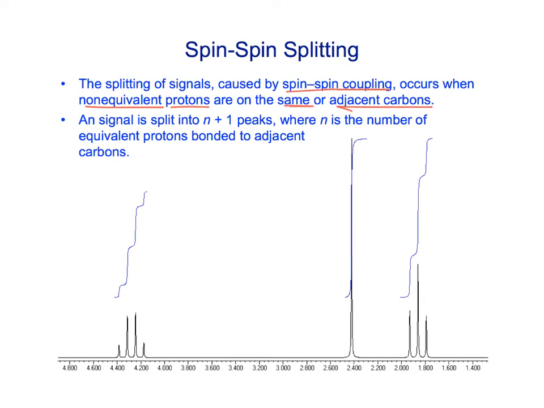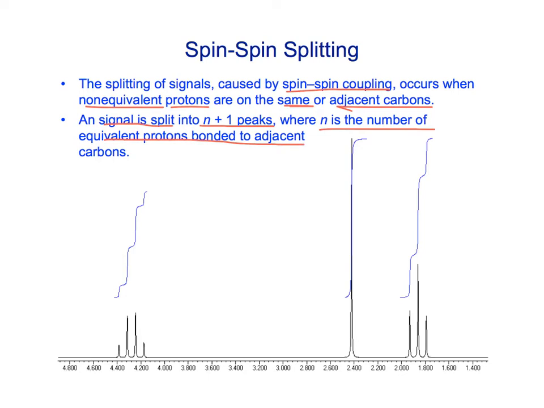So that's an important point. The only protons that split are when they're non-equivalent. They have to have different chemical shifts. So a signal will be split into n plus 1 peaks, where n is the number of equivalent protons on an adjacent carbon.